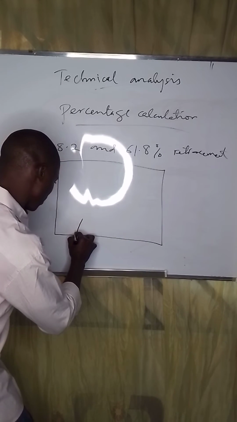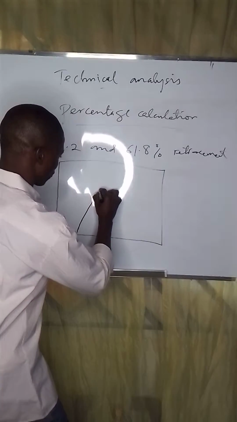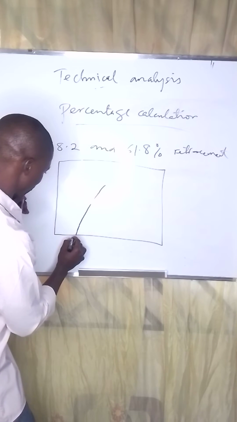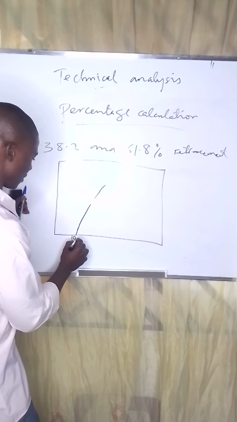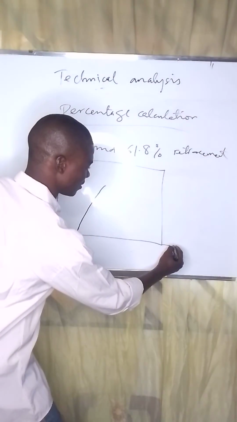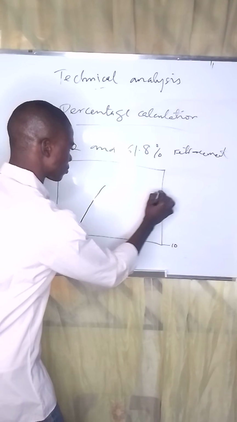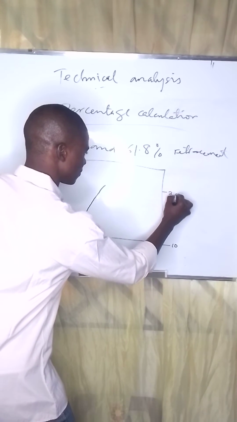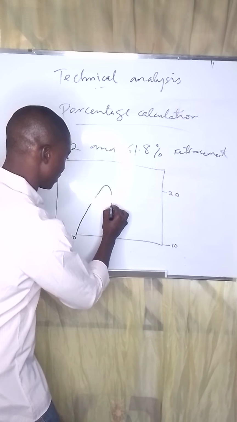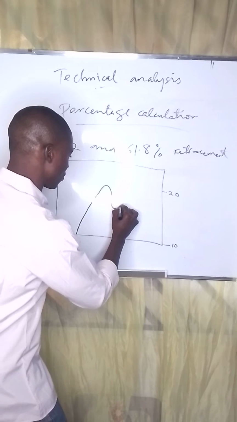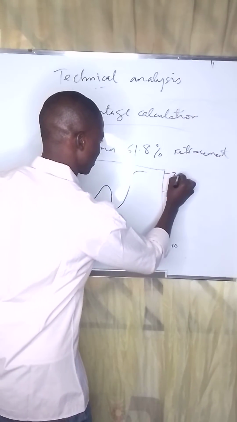So when you have a price of a commodity moving from maybe $10, let's assume that the price is $10, moves to 20 before coming back down. This is called retracement. If it continues going up, if it continues to 30.